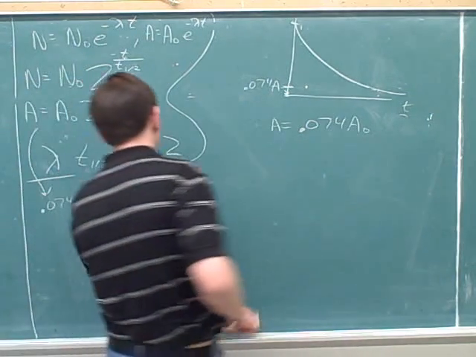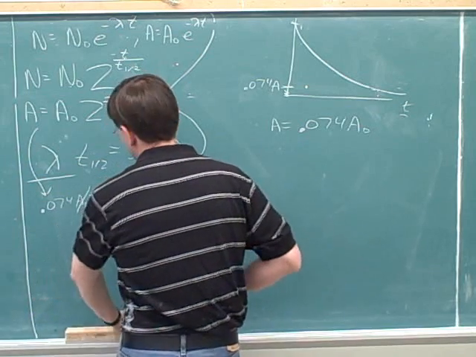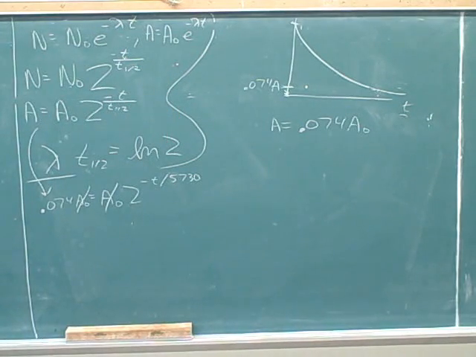So by looking it up in the table, we know that the half-life is 5,730 years from our table of half-lives. The ln of 0.074 is equal to negative 2.60.